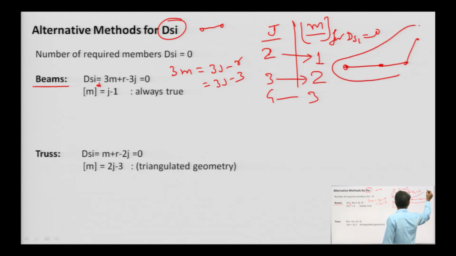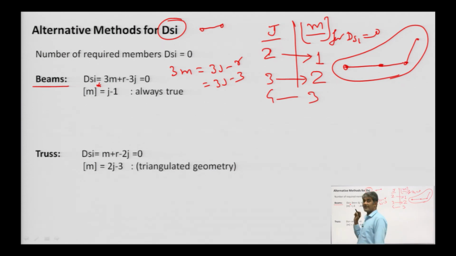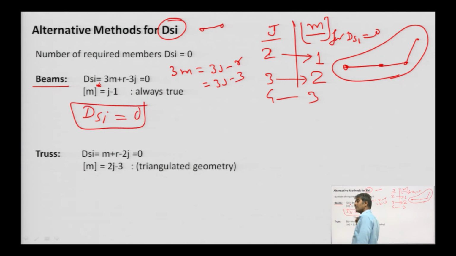Look here, we are getting a linear type of geometry, and this condition is always true in case of beam. Therefore, we can conclude that the value of DSI in case of beam is 0 always.